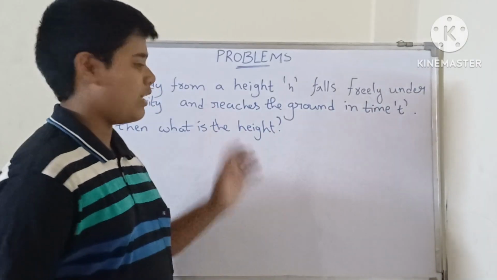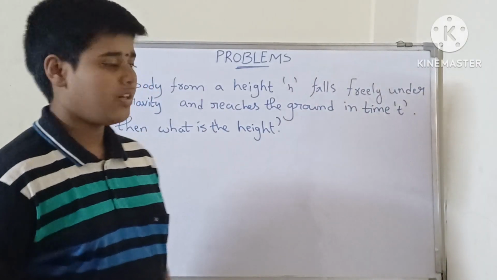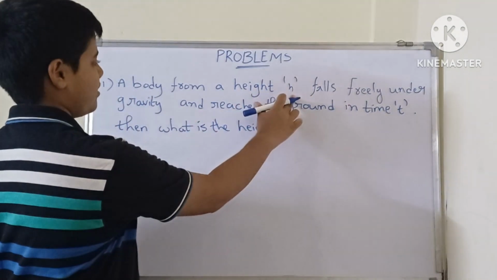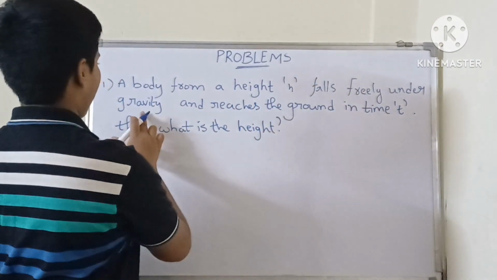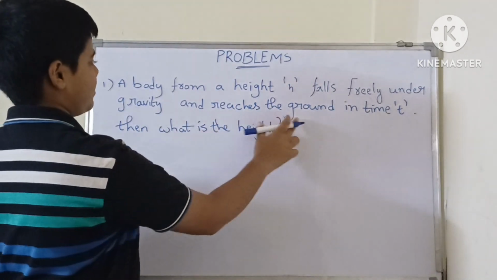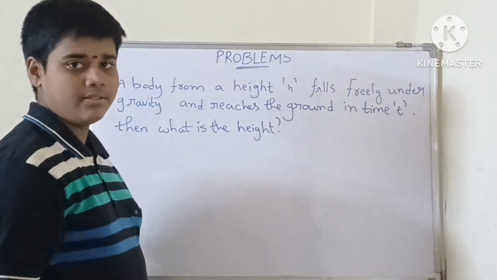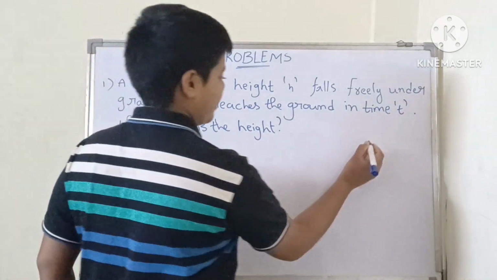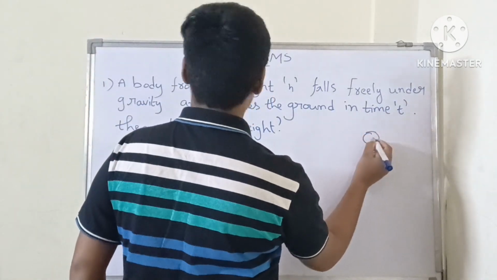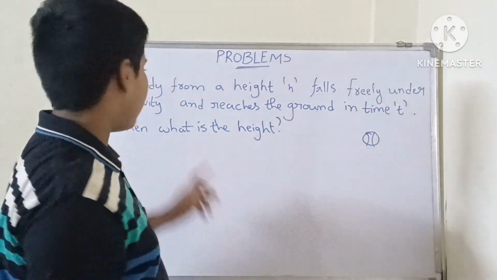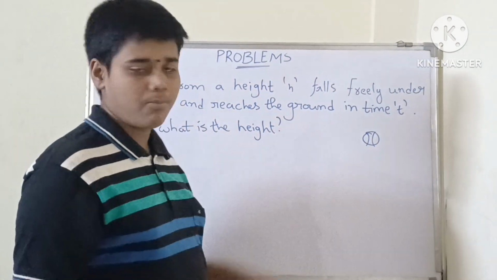Problems on freely falling bodies. If you see the first question: a body from a height h falls freely under gravity and reaches the ground in time t. Then what is the height? Here I am considering the body to be a ball.